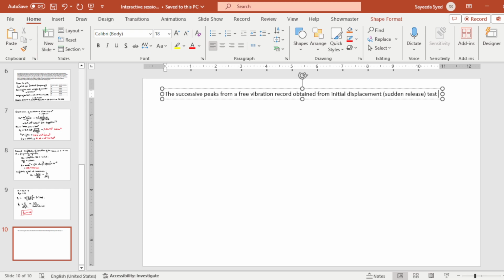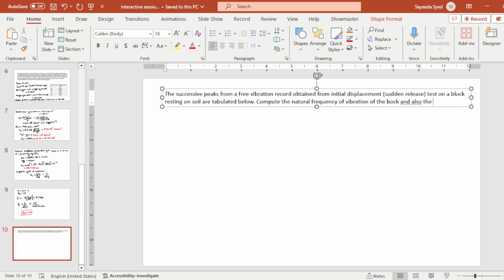Compute the natural frequency of vibration of the block, and also the damping in the foundation.